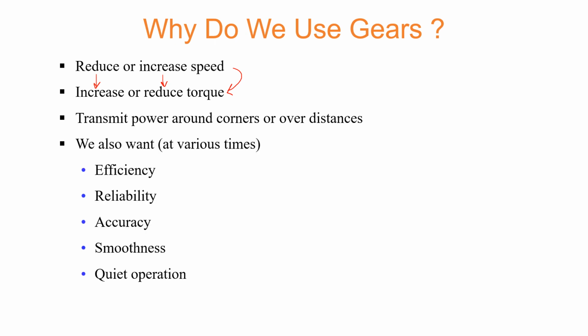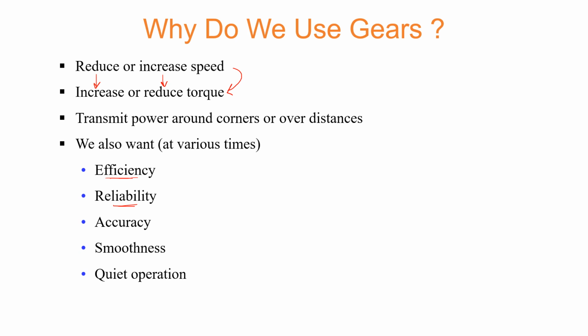And not only that, you need to have some sort of other aspects of transmission to be considered as well. For example, you may need to have the efficiency considered for the transmission as well. For example, if you provide the input, how efficiently or how reliably it is transmitted to the output, that is going to be an important consideration to have.